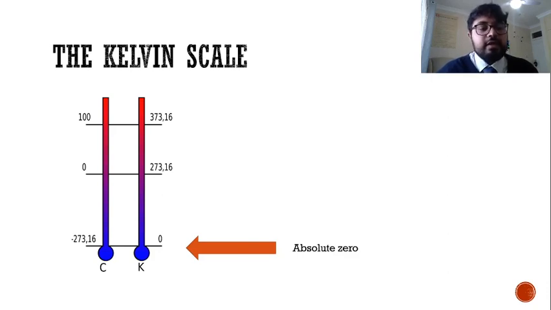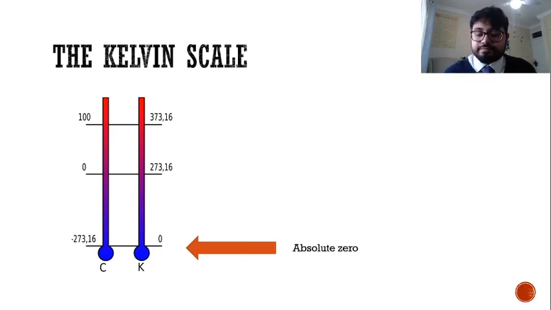If we want to convert our degrees Celsius to Kelvin, all we have to do is take 273 and add it to our degrees Celsius temperature. So as you can see there, the temperature was 100 degrees Celsius, and they added 273.16 to get our degrees in Kelvin.